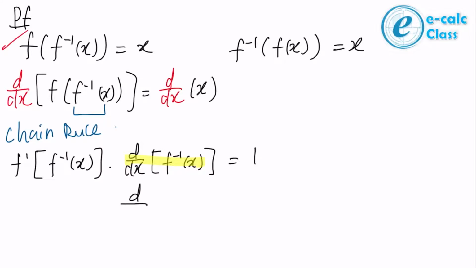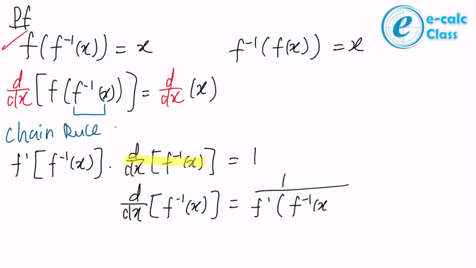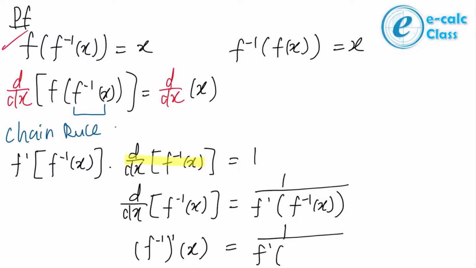And I told you this is what we want. So just move things around. 1 over f prime of f inverse of x. And that's it. And if you want to write this in prime notation, you just write this one equals 1 over f prime of f inverse of x. And this is it.